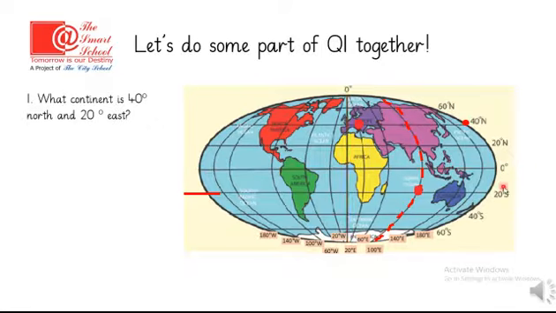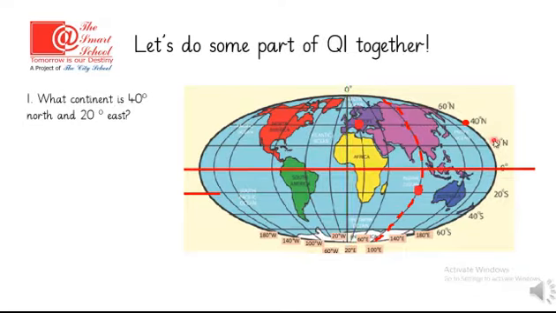So these two lines which are blinking, this is the equator, which divides the earth into the northern hemisphere, this is all northern, and the southern hemisphere, this is all southern. And this is the prime meridian, it divides the earth into the eastern hemisphere, this is all eastern, and the western hemisphere. So whenever we are finding the location, if the latitude is north, then we will check these lines which are given here on the top.